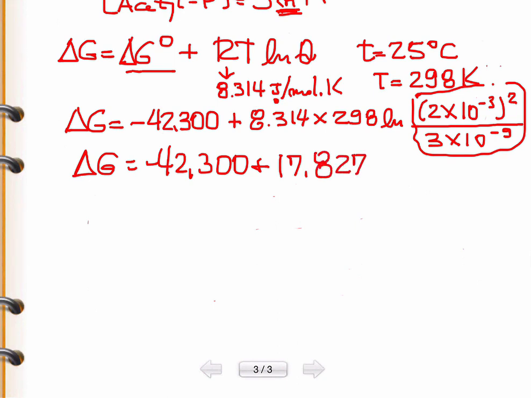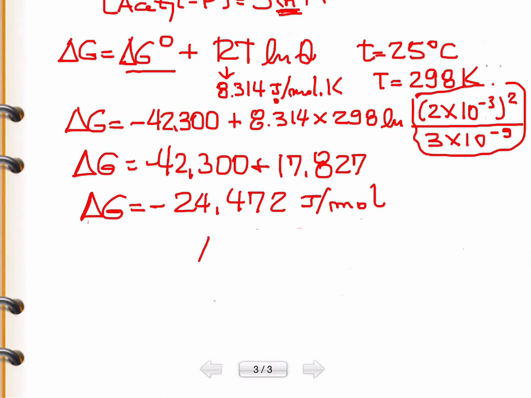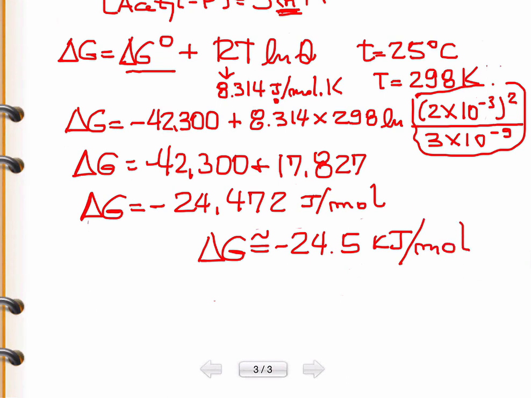Okay, now we sum up. That's going to be delta G equal to negative 24,472, and this was in joules per mole, right? We don't want to write like that, so it's better to write approximately minus 24.5 kilojoules per mole, which is the solution for this problem 3 of chapter 3 from Garrett and Grisham.